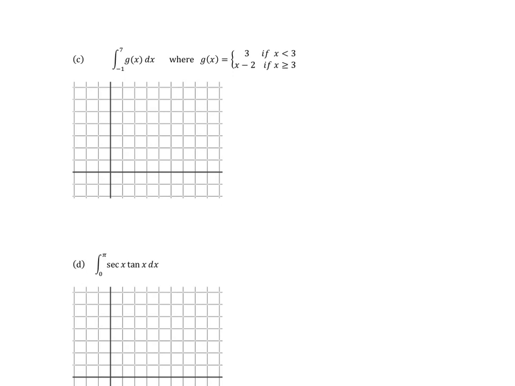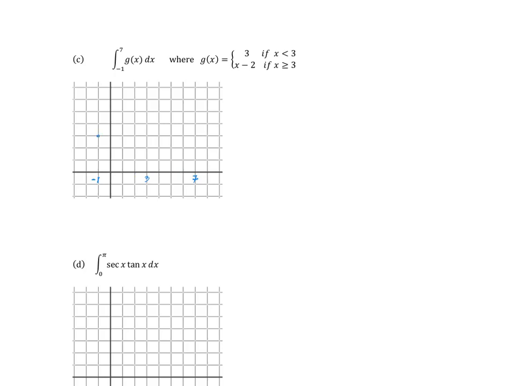Well, we're only going from -1 to 7. Maybe I'll use a darker color. 1, 2, 3, 4, 5, 6, 7. So from -1 to 3, the graph is going to be the horizontal line at 3.